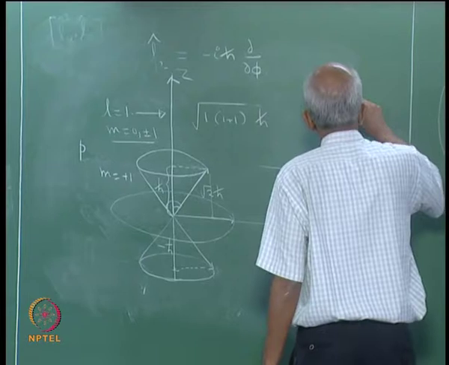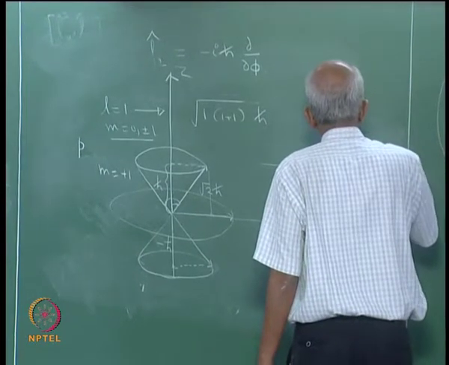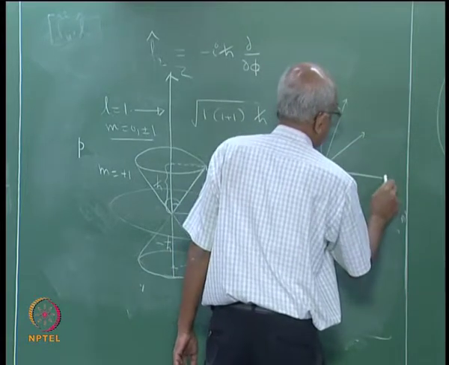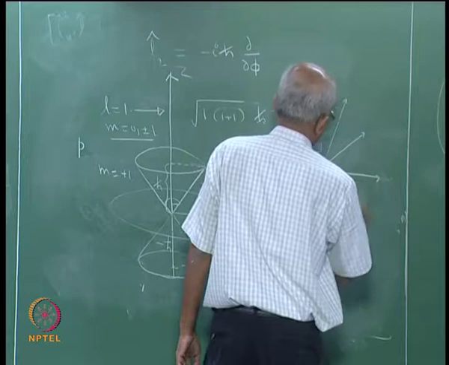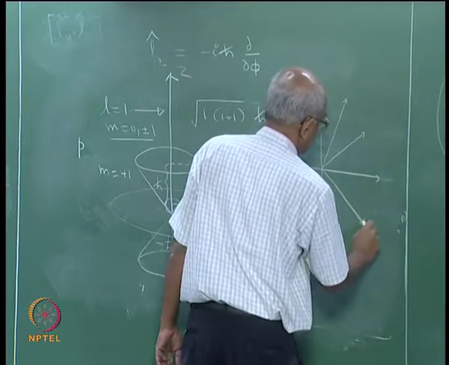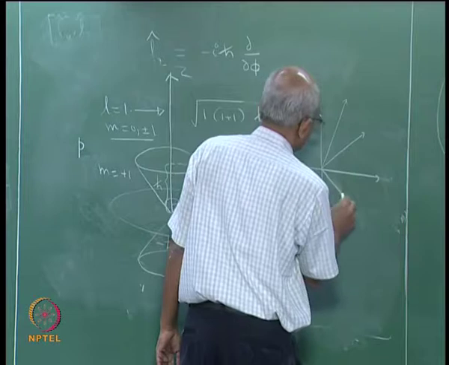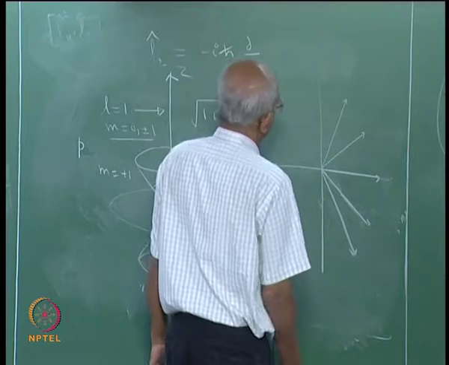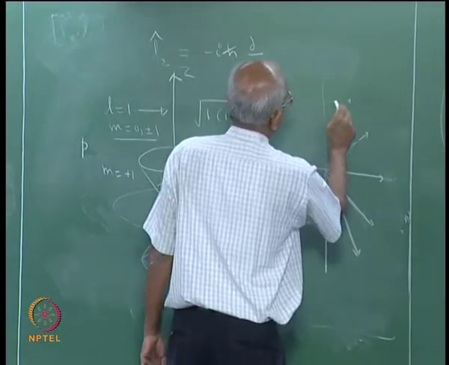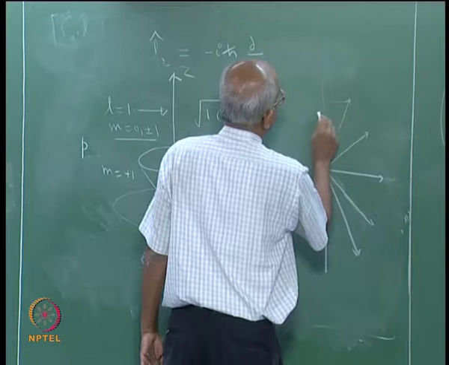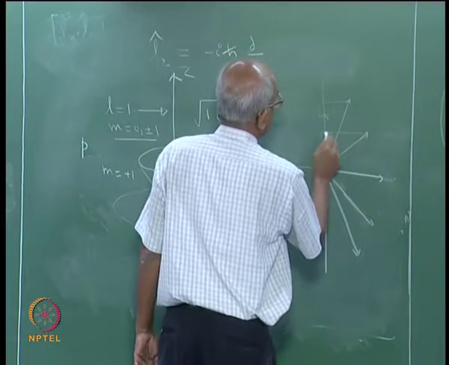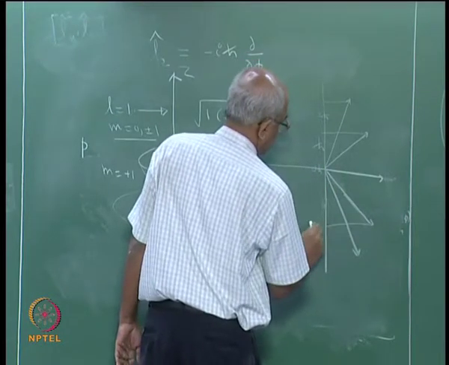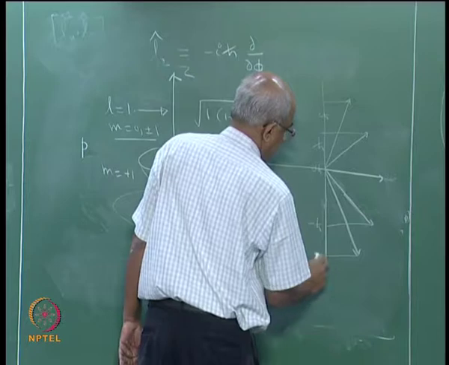Let me draw the first one, the second one, the third one, fourth and fifth. This is 2h cross, 1h cross, 0h cross, minus 1h cross, and finally minus 2h cross.